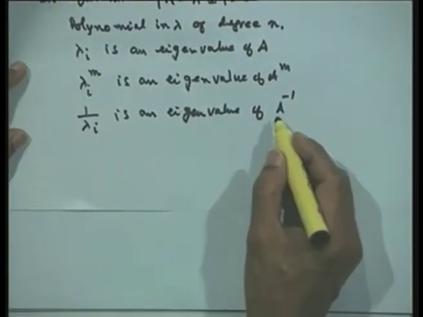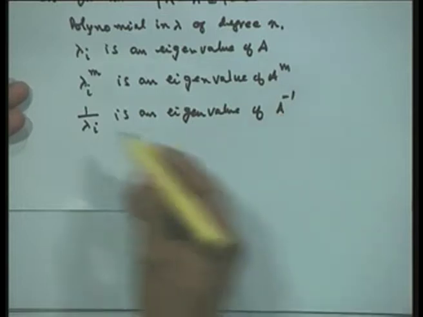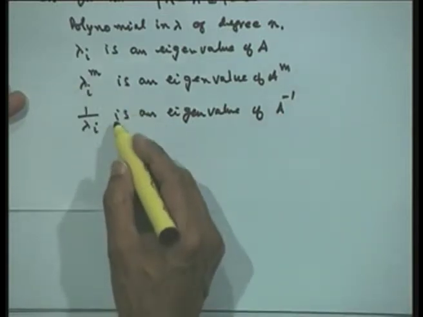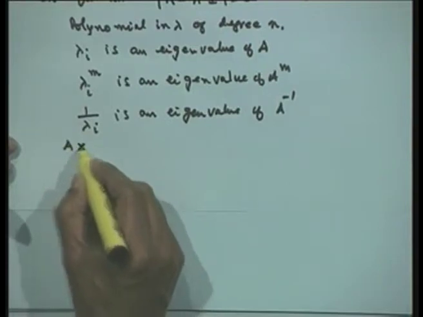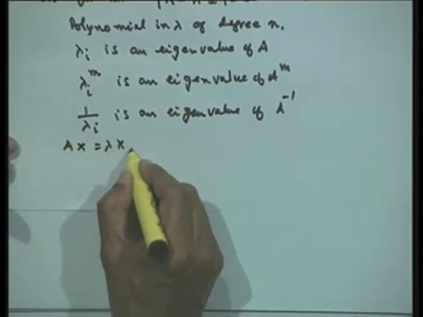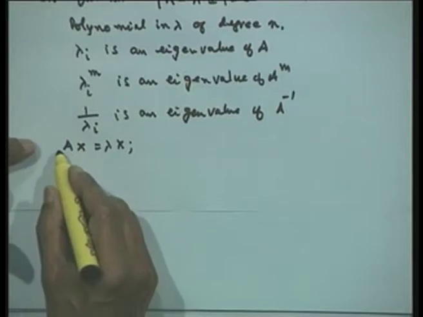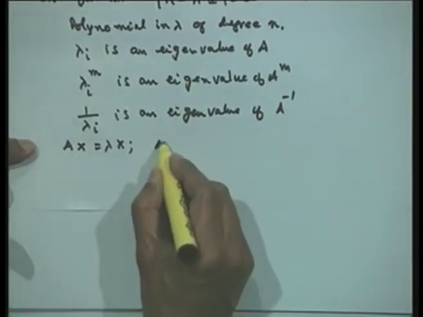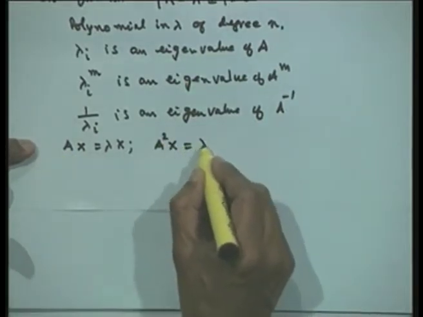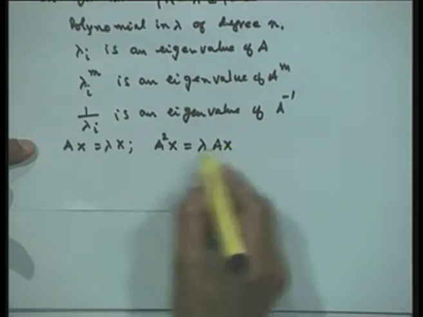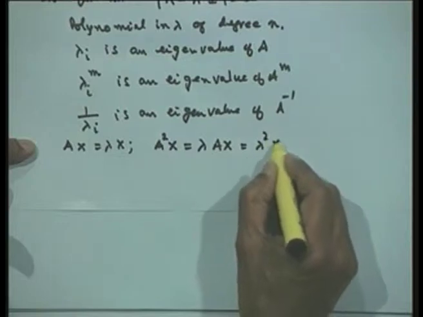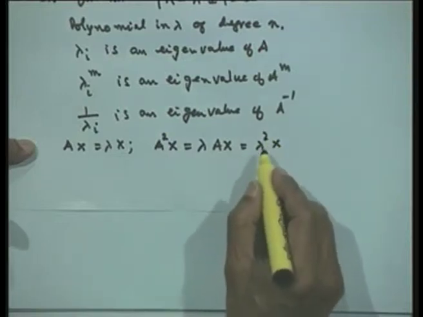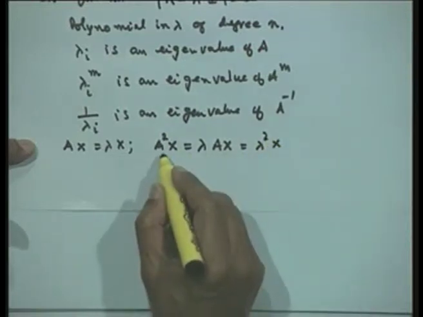Now what is also important to know is the property of the eigenvector. Let us look at these last two properties and see what the eigenvector will be. If I start with Ax equal to lambda x and pre-multiply by A, this will be A squared x equal to lambda into Ax. Lambda is a number, so I can take it out. So this will be lambda square x. It is from this that we have concluded that lambda square is an eigenvalue of A square.